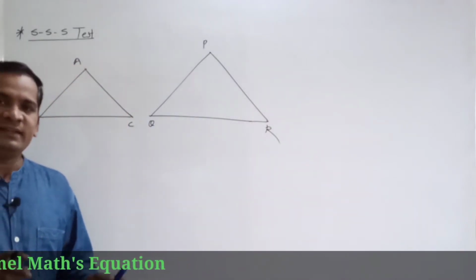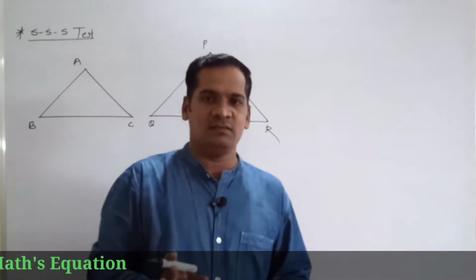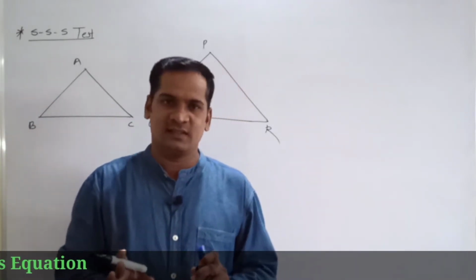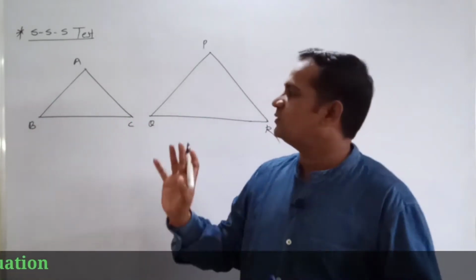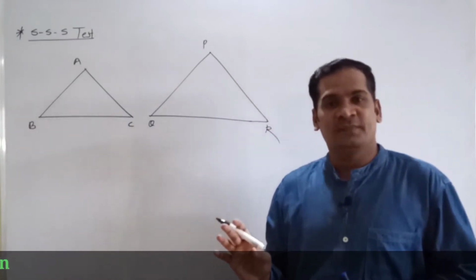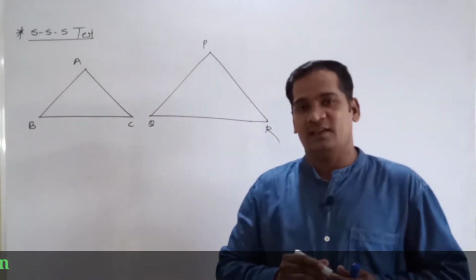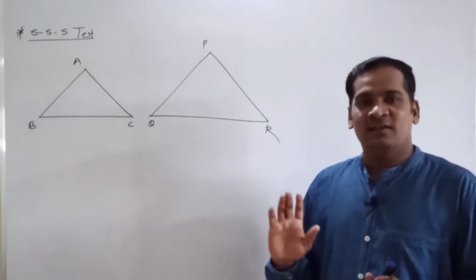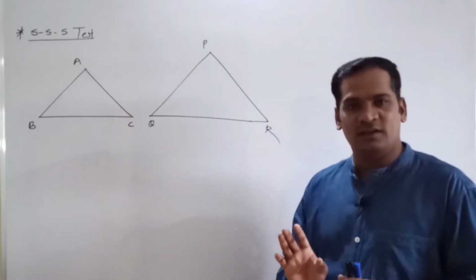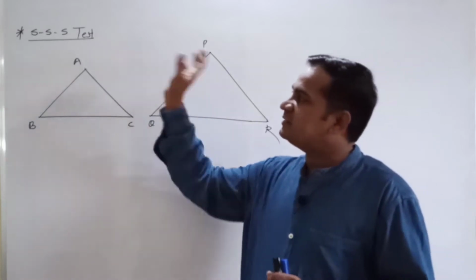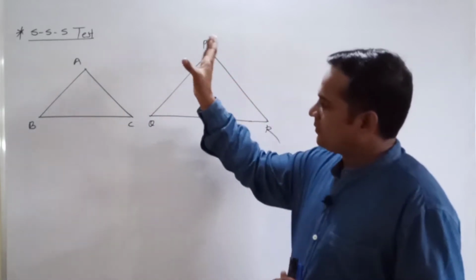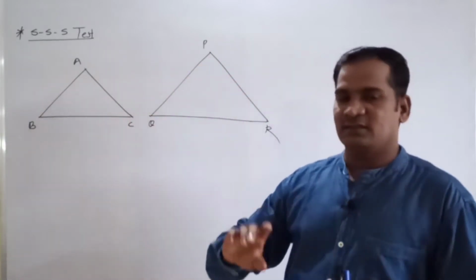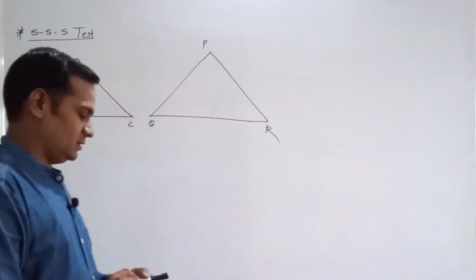The name itself indicates what is meant by the side test. If two triangles are similar, then corresponding sides are in proportion and their angles are congruent. So the sides of these two triangles should be in proportion.